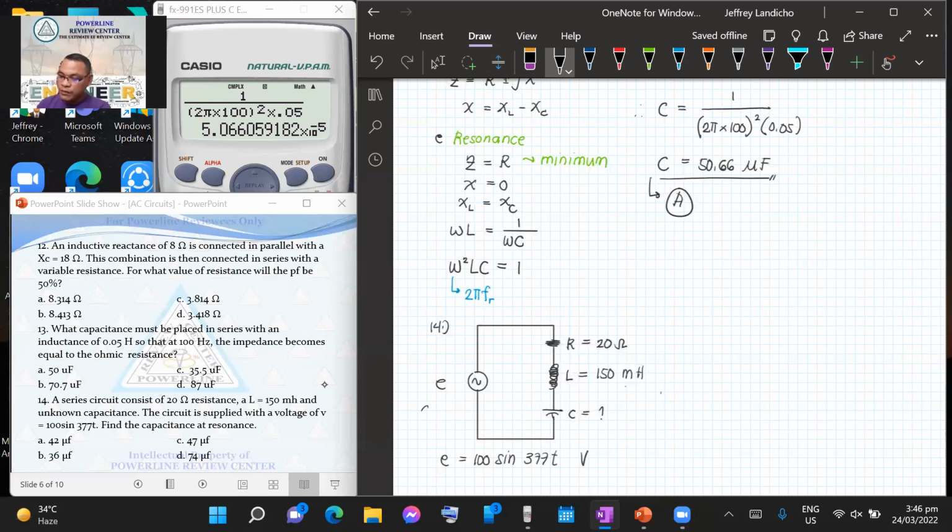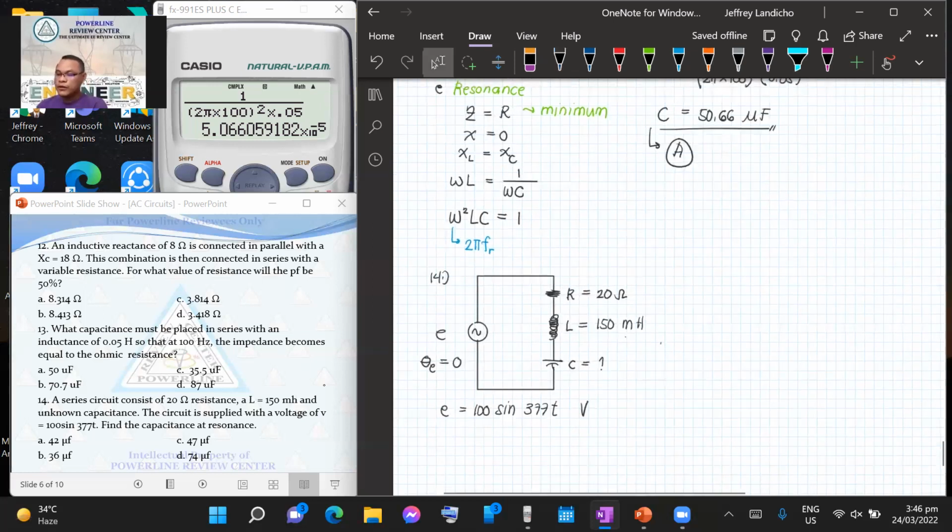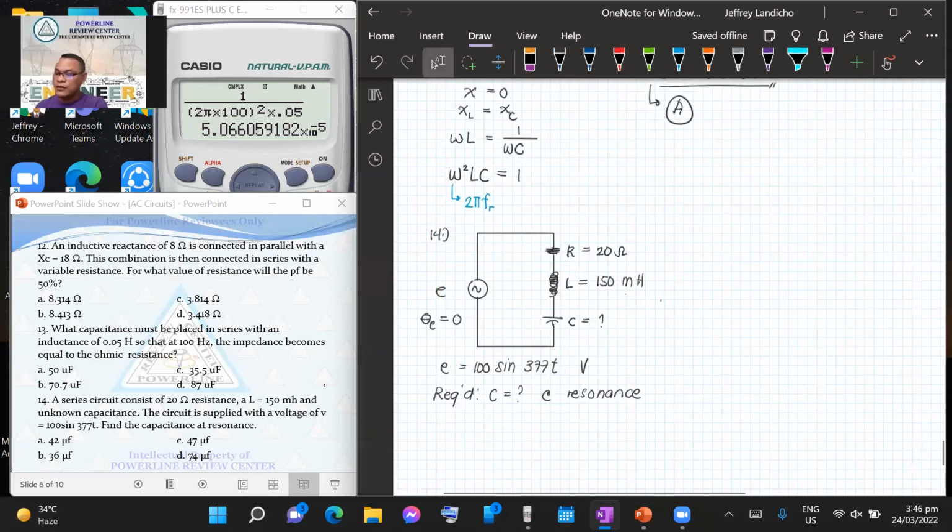So by inspection, the angle of our voltage, that is what? 0. So na hinahanap, at this given source voltage, what would be the unknown value of your capacitance such that the given circuit will operate at what? Resonance. So anong klaseng circuit? Series circuit. So we are dealing with series resonance. So alam na natin kanina, at series resonance, omega squared times L times C is equal to 1.